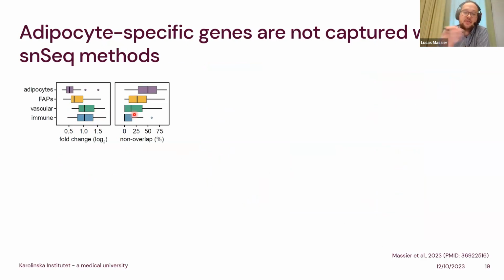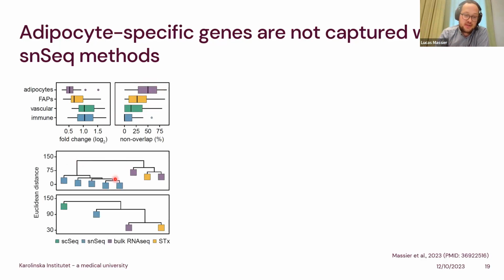We then did another comparison where we compared between the cohorts how many of the marker genes between the clusters are overlapping. And we saw for immune cells and vascular cells that there was a high overlap of marker genes, meaning that they are very similar and very conserved clusters. But for adipocytes, we saw less of an overlap of marker genes.